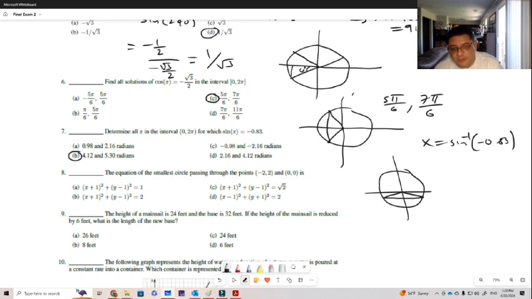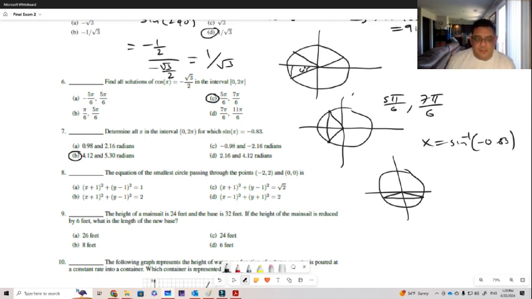None of the other angles is actually on the correct interval, 0 to 2 pi. C cannot be because it's not in 0 to 2 pi. You have negative options. Although one of these options might be okay, it's just not the correct interval. Now, 0.98 is in the first quadrant, so it's not that one. And 2.16 is in the second quadrant, so it's not that one either.